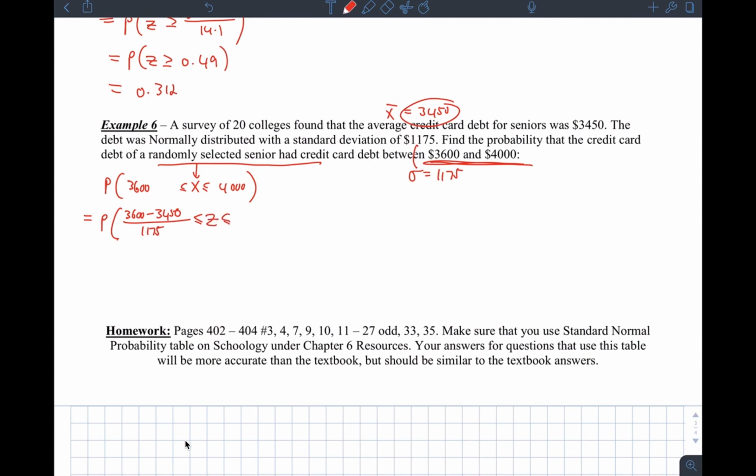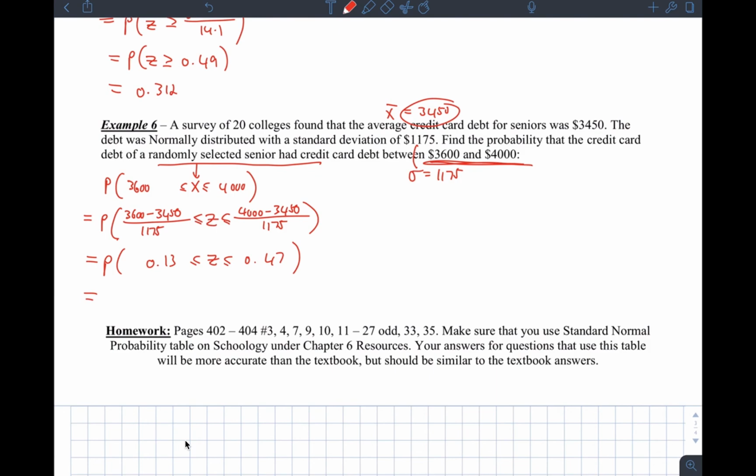And that is less than 4,000 minus the same calculation, 3,450 over 1175. Okay? And when you do that calculation, you get this. What's the probability that z is between these two numbers, 0.13 and 0.47, if you just simplify that calculation.